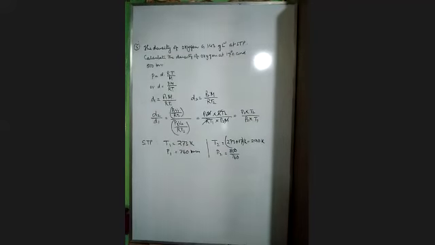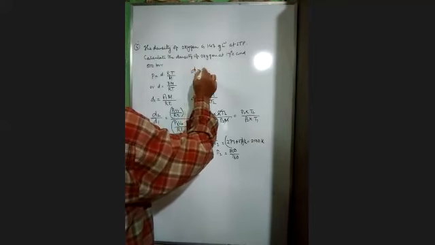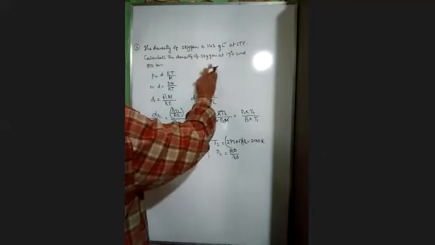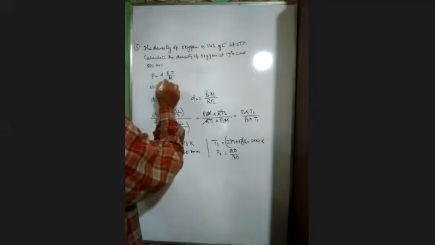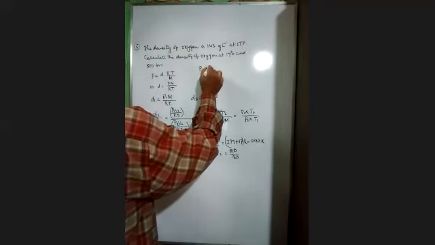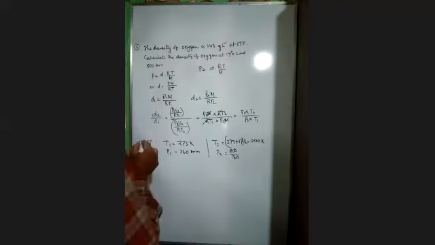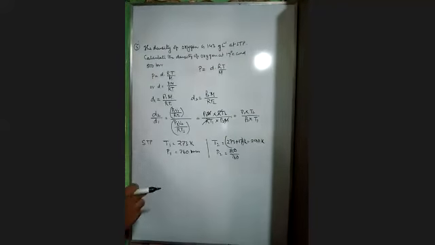Excuse me, sir. Yes. D2 is equal to P2M, right, sir? See, density is equal to what? Initially, what did you write here? See, here again I'm writing. P is equal to D into RT by M. So in both the cases, it is the same gas, so mass will get cancelled.